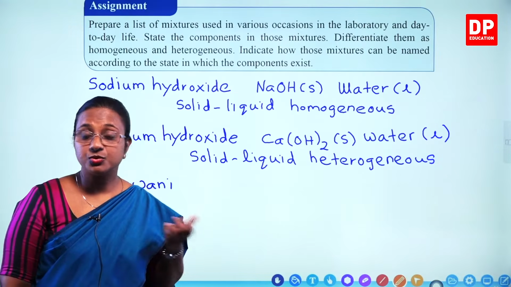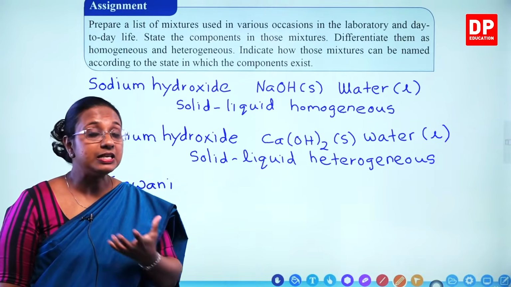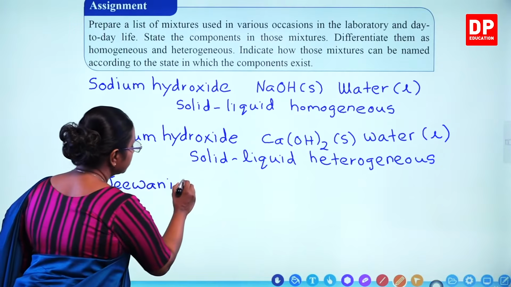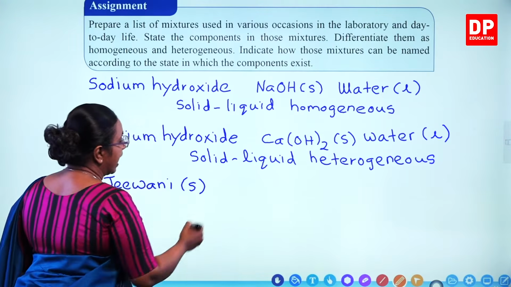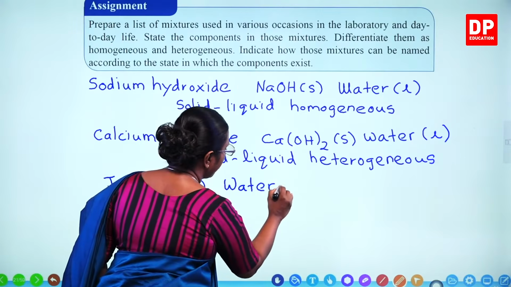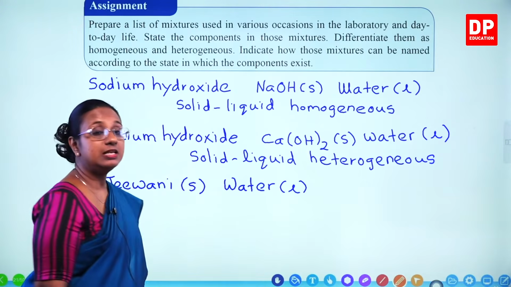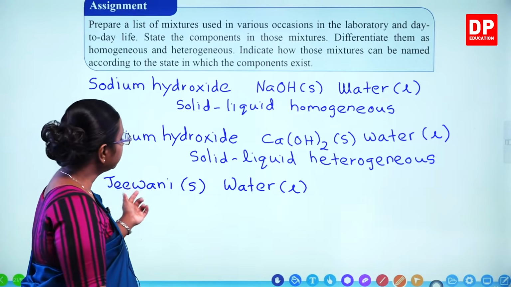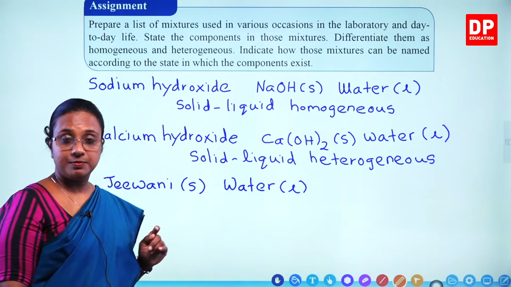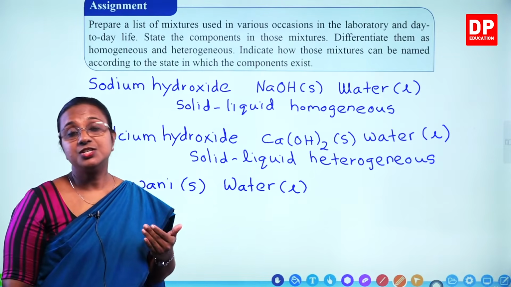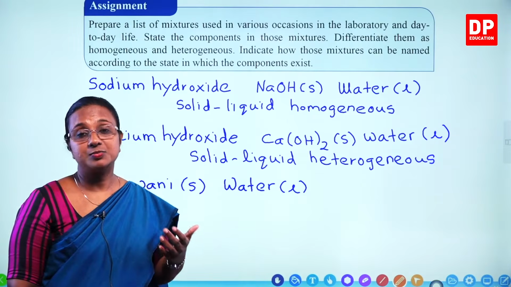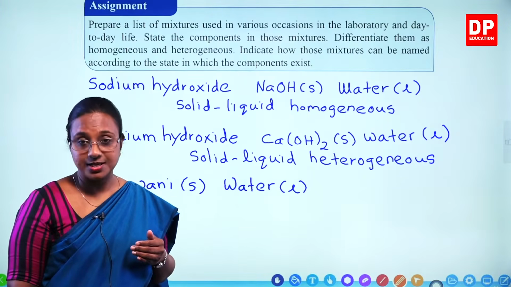Salt means not the sodium chloride salt, it contains lots of salts. So ORS is a solid and we mix it in water, or we dissolve it in water. It is a liquid. So what type of a mixture is this? A solid liquid mixture, and after dissolving ORS in water, it is a clear, transparent, uniform solution.